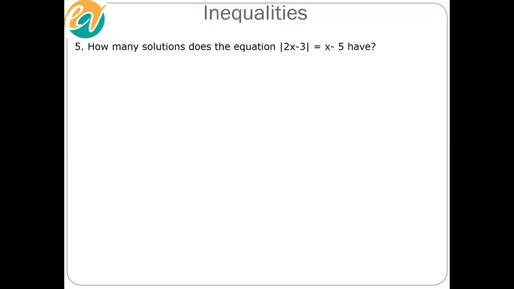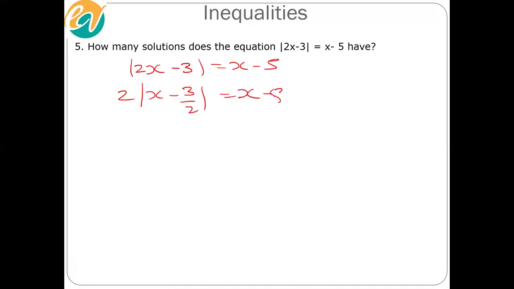Okay, now let's do this. I can obviously take 2 outside. So what am I left with? x minus 3 by 2, basically. So 2 times the absolute value of x minus 1.5 is equal to x minus 5.